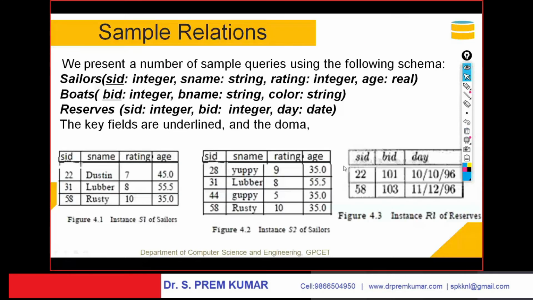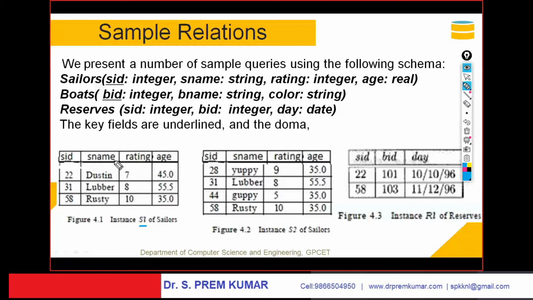Now, sample relations. Let us examine some sample relations. Listen carefully, we are working with some sample relations. Here there is a relation called S1, which is sailors. The details of sailors are available here: sailor ID, sailor name, rating and age.